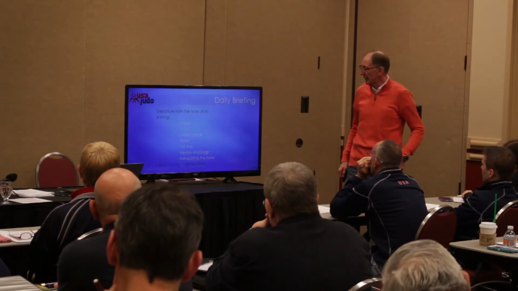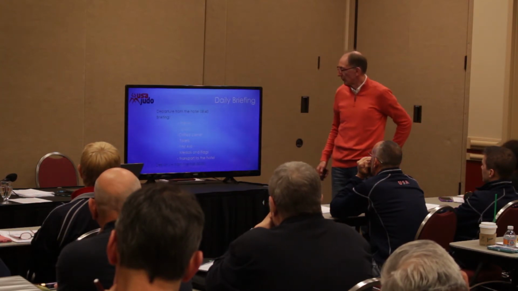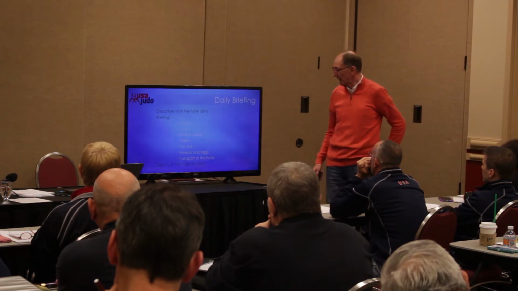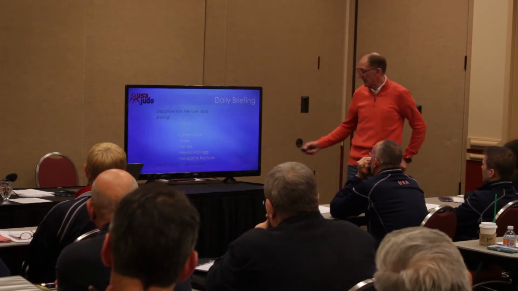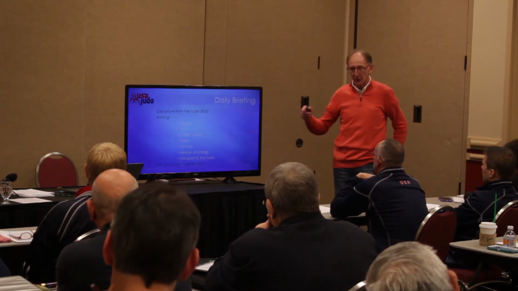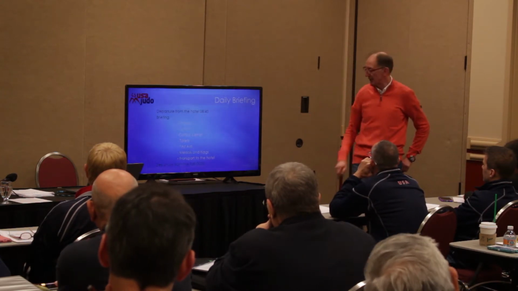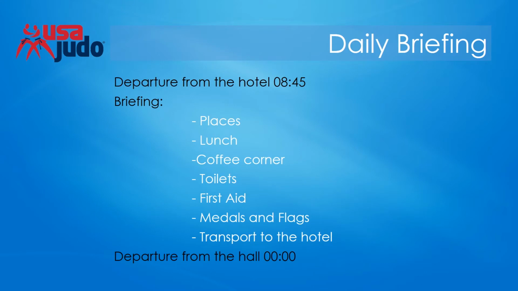In the general daily briefing, we speak about the venue, the lunch, coffee corner, toilet, first aid, medal places and flags. It's important for the judges because I will explain what sometimes happens when we don't give this information.